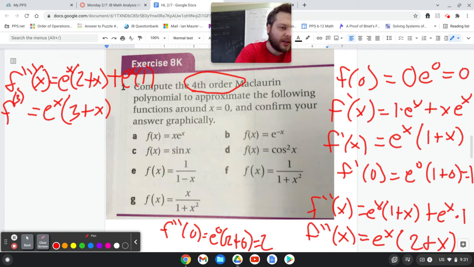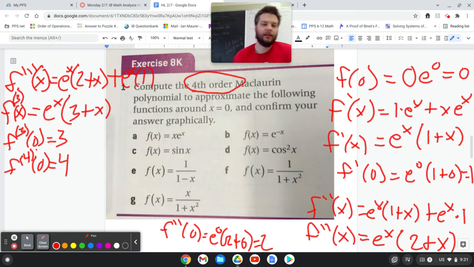And that would mean f triple prime of 0 is going to be 3. And I could write it out, but I am convinced that f quadruple prime of 0 will be 4. And so now what we can do is that's really nice. We have 0, 1, 2, 3, 4. So we can write the Maclaurin series.